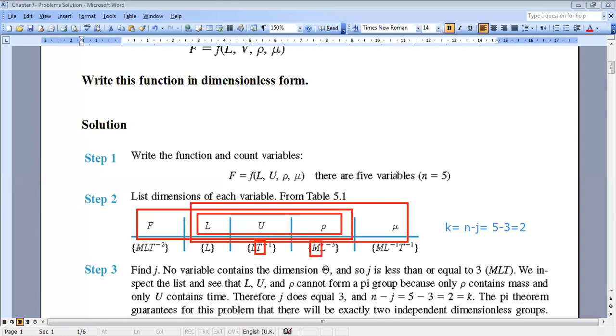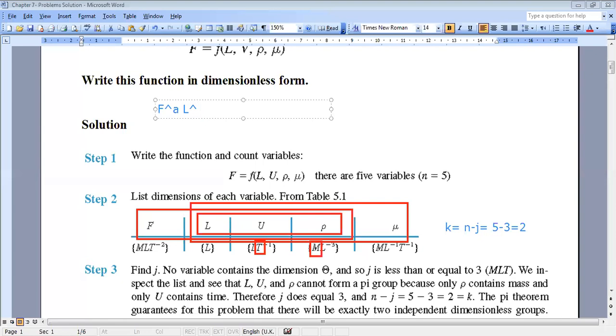Same technique that we did earlier. So I should write that F to the power A times L to the power... We said that L, U and rho cannot form a group by themselves.